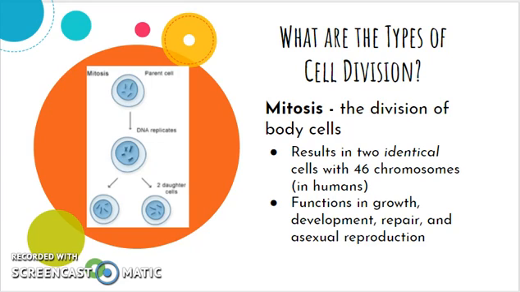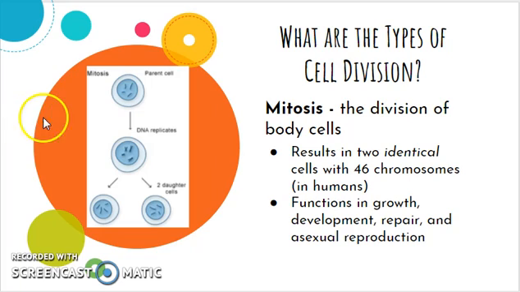The reasons that you would want the cell to go through this process is so that an organism can grow, so an organism can develop, so an organism can repair, or if I'm an organism that does asexual reproduction, so I can make more organisms.